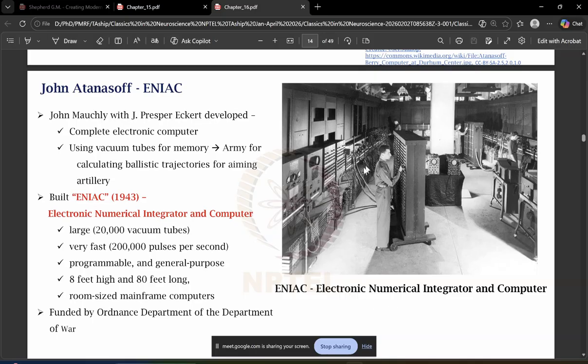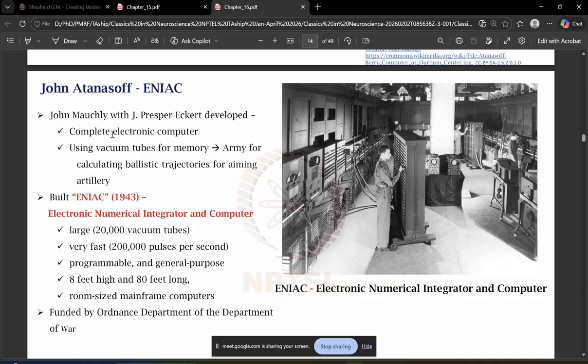They applied to the Ordnance Department of the Department of War, because at that time, remember, the World War was happening. During the World War, they requested the Ordnance Department that we are trying to build this computer. We think that it might be really useful for the war effort, and could you please help us by funding us for building this digital computer?